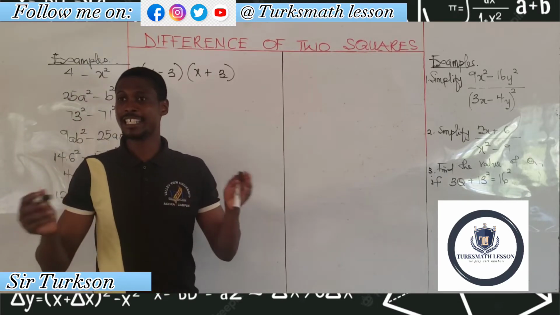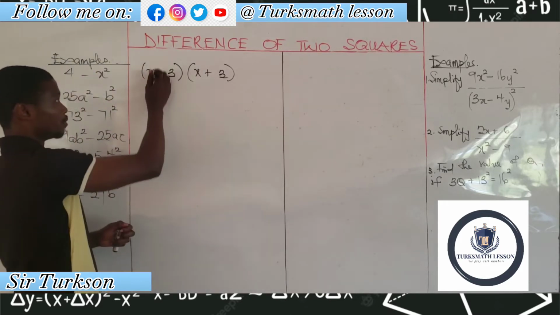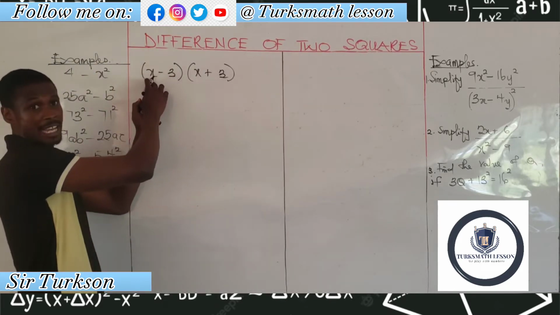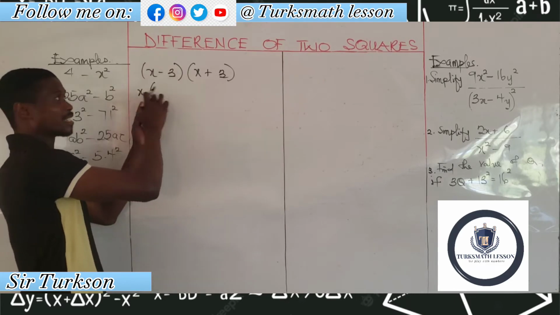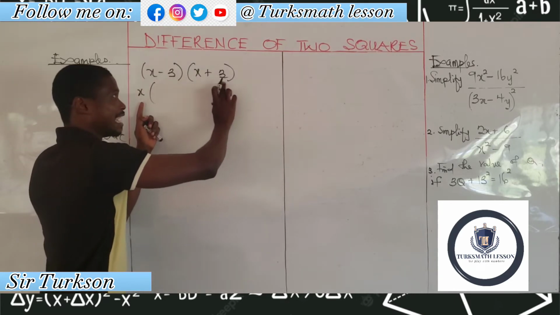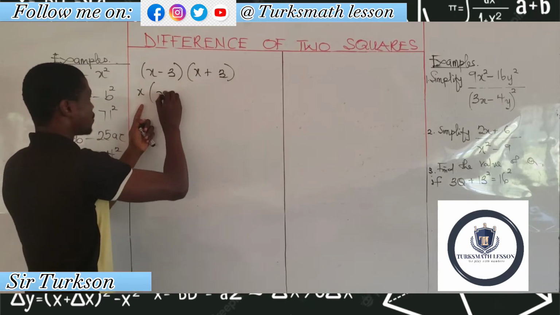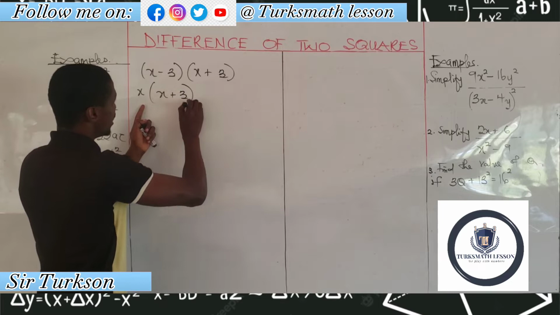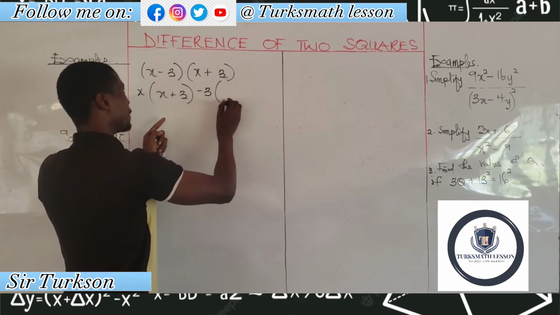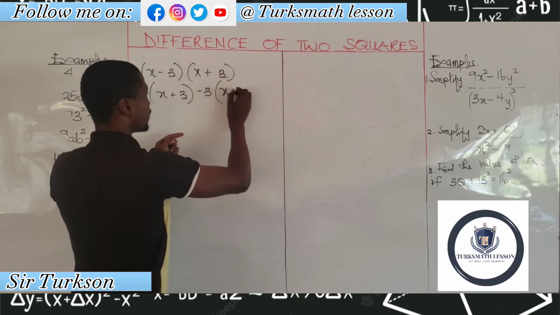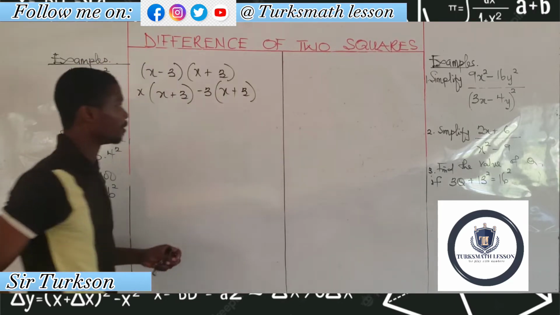Let's use the distributive method. First, we pick the first term here. What's the first term? x. The term outside the bracket goes to all the terms in the second bracket. So we're going to have x, bracket open, x plus 3, bracket close. Then we have negative 3, bracket open, x plus 3, bracket close.